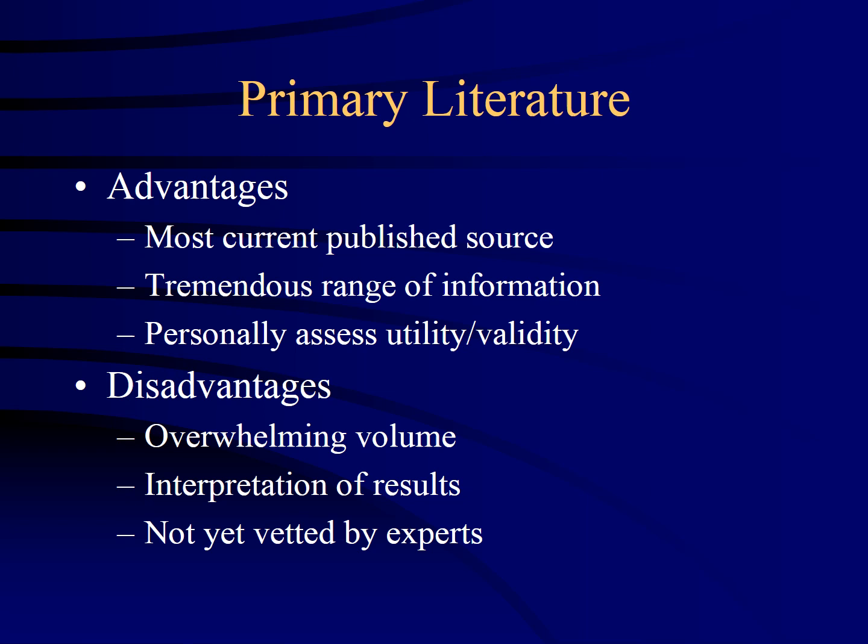However, there are disadvantages, and these include difficulty obtaining the full text article. The information is limited to the individual study described, and skills are required to interpret the study correctly. In addition, there is an overwhelming amount of articles published in the primary literature.